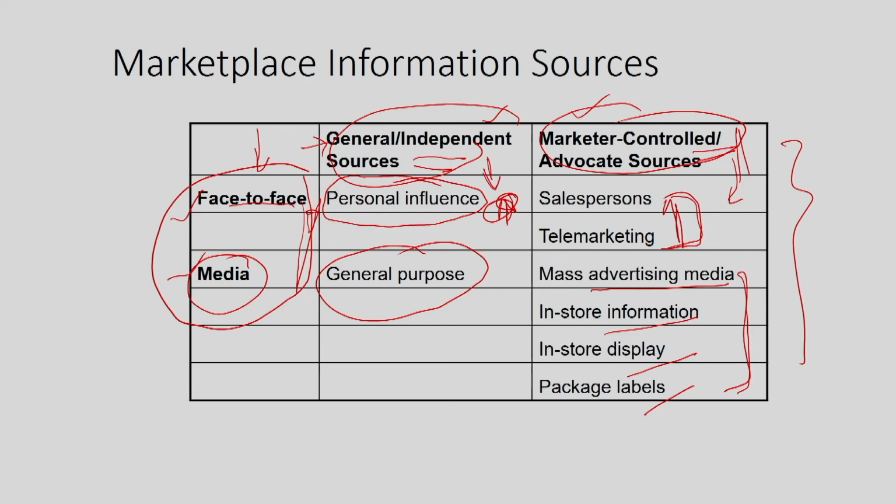So in the present lecture we looked at how consumers do information search in the market. We looked at a number of search types, internal searches and external searches. We looked at the factors within external search which increase or decrease the amount of external search.